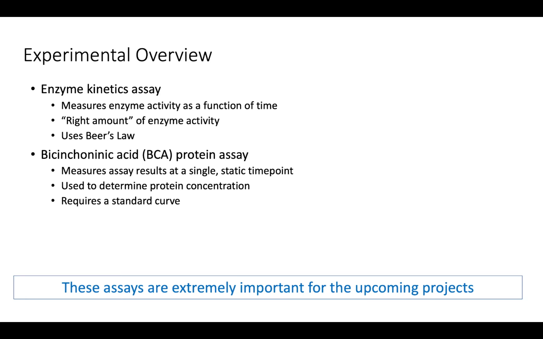The second, and I'm horrible at pronouncing this, I'll just call it the BCA assay. This is an assay that measures protein content. It is a single point, and in our next slide, we'll talk about the difference between a static or time point and more of a reaction over time type assay and how we measure it.